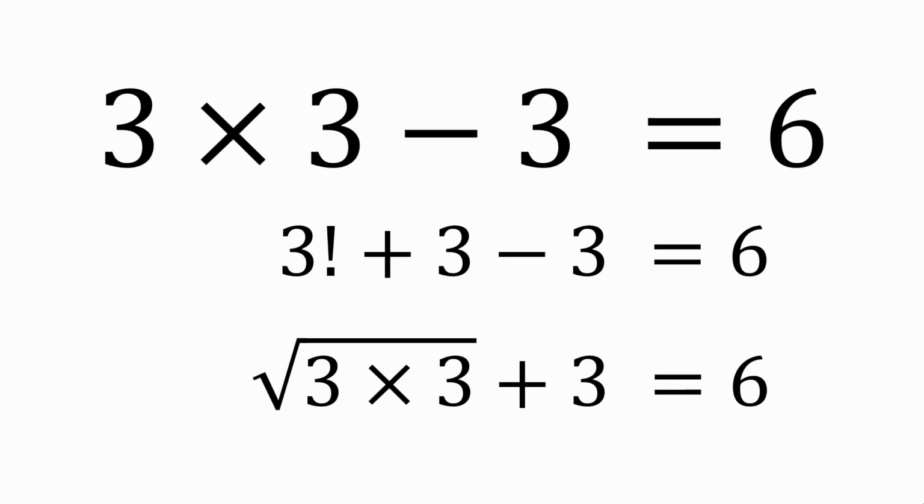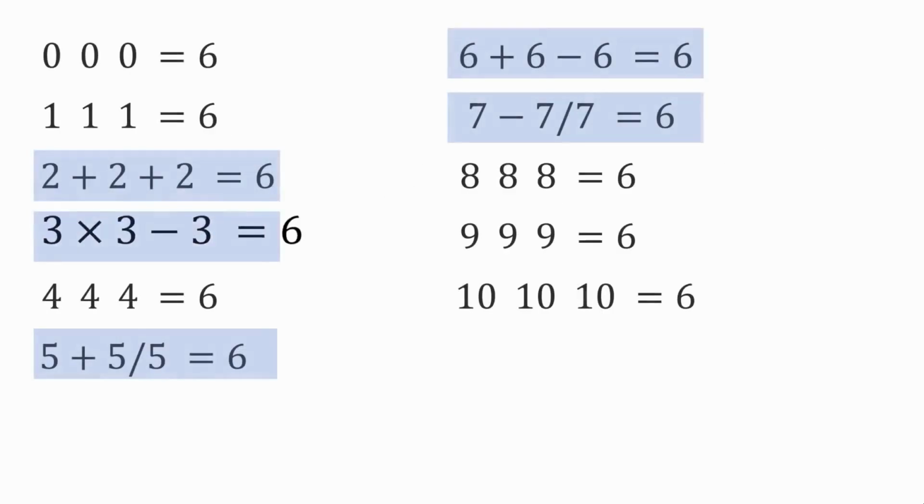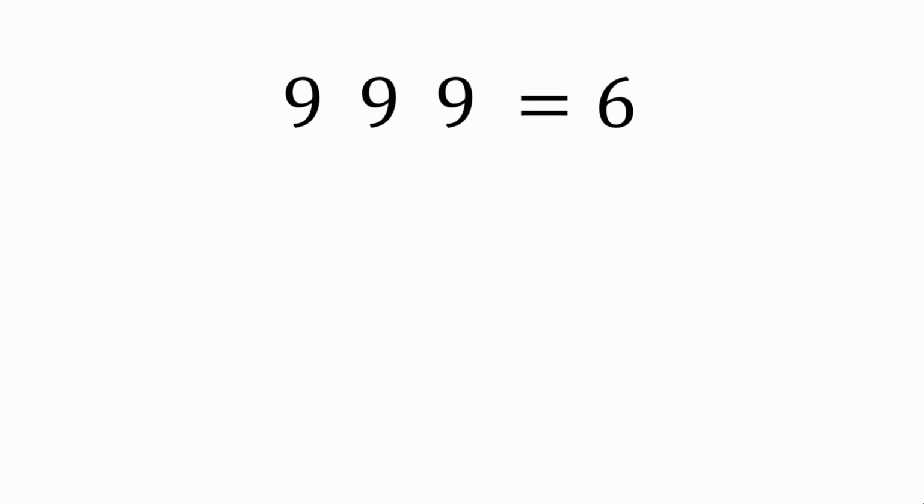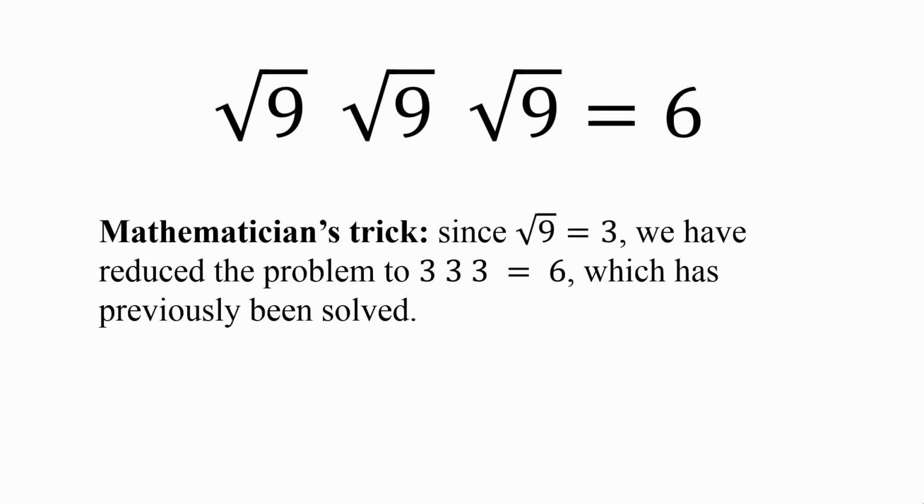That's equal to 6, or we take the quantity the square root of 9 factorial plus the square root of 9 minus the square root of 9 is equal to 6. Or we have some other solutions like the square root of 9 factorial times 9 over 9 is equal to 6, or the quantity square root of 9 times the square root of 9 over the square root of 9. We take the whole thing and the factorial of that, and that is also equal to 6. For presentation purposes I'll just take this first equation.